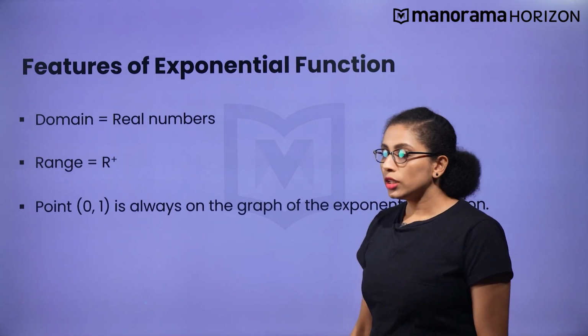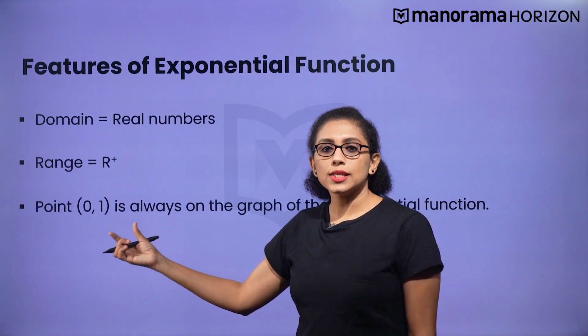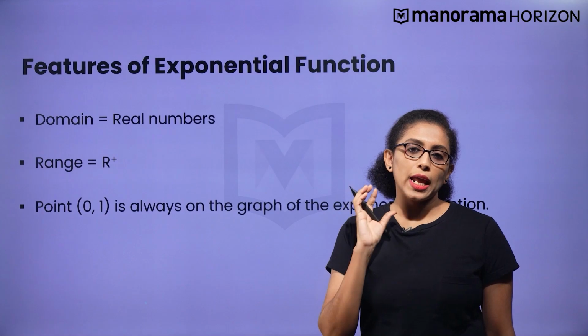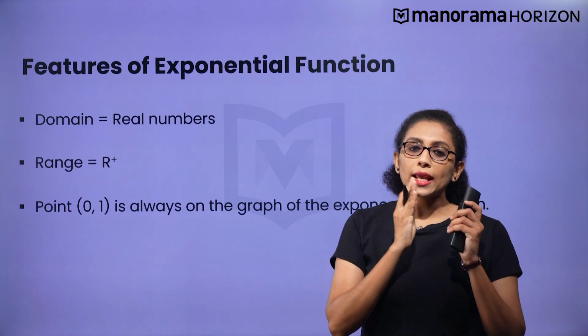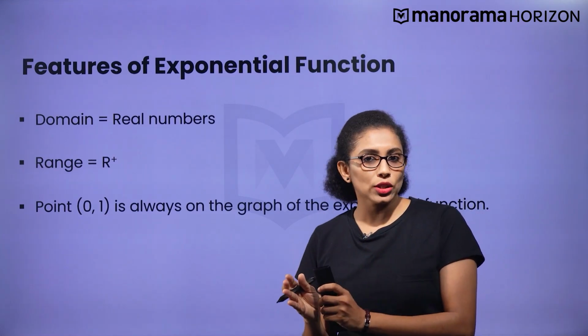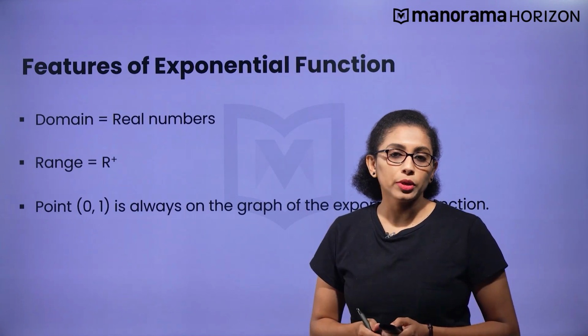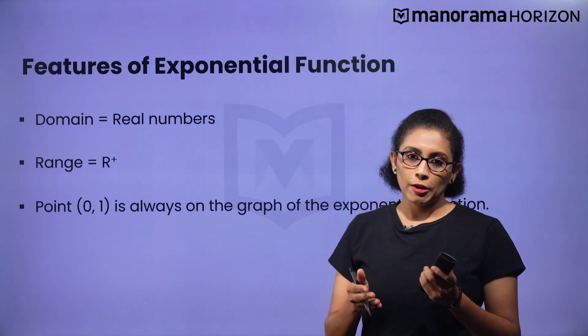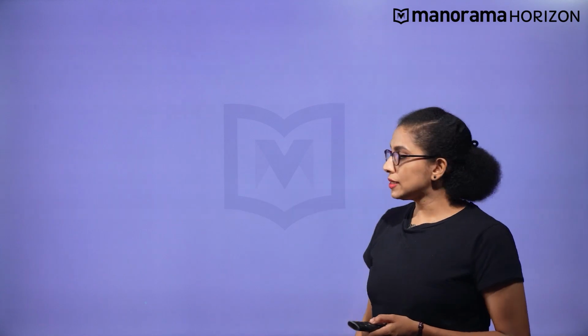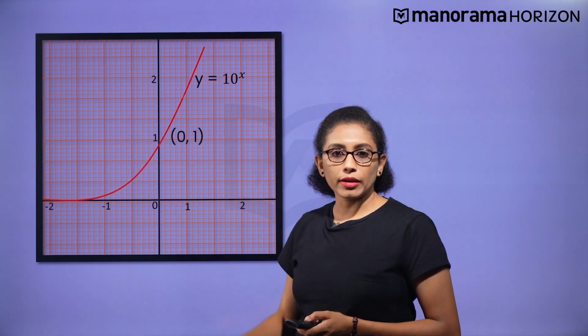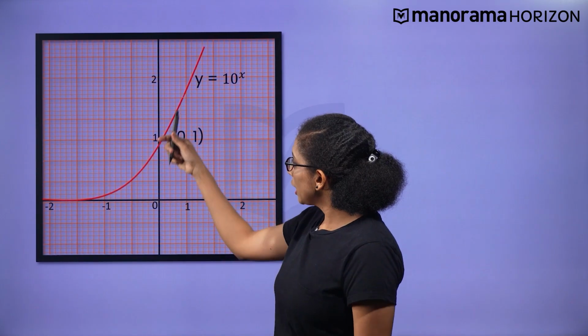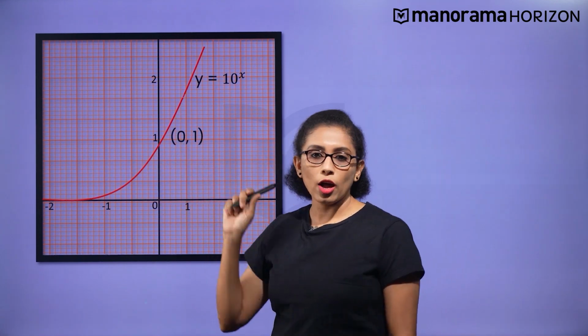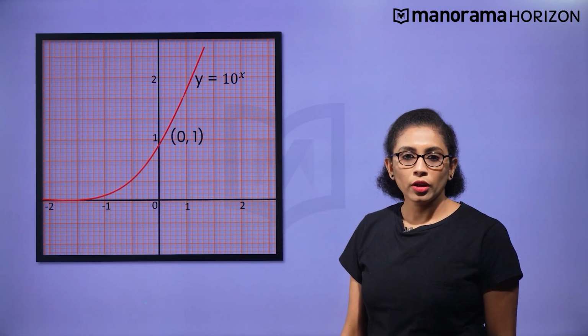And the third one, the point (0, 1) is always on the graph of the exponential function. That is, for x is equal to 0, the value of y is equal to 1. And this is applicable to any exponential function. We can see this clearly in this graph. Have a look, it passes through (0, 1), right?